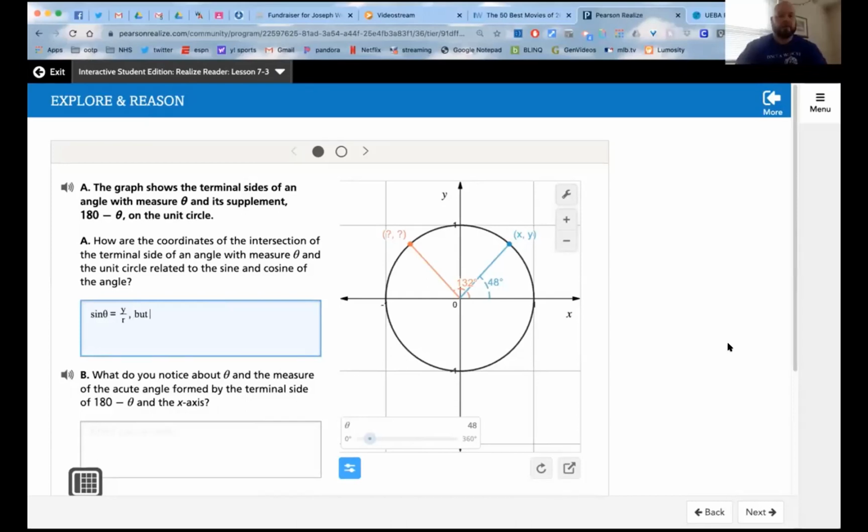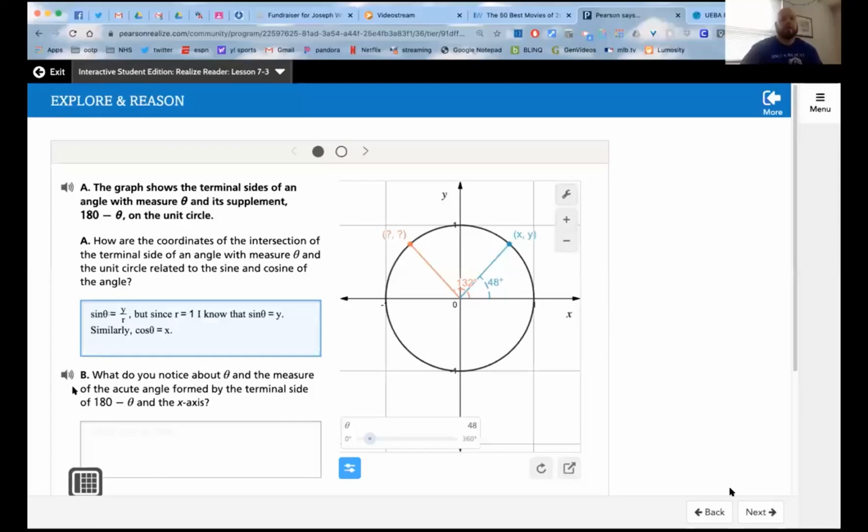But since r equals 1, sine of theta is really just equal to y. Similarly, cosine of theta is equal to x. And these relationships that we just put in here are hugely important to this concept of trigonometry and the unit circle and solving for different measurements inside of angles and in the unit circle.